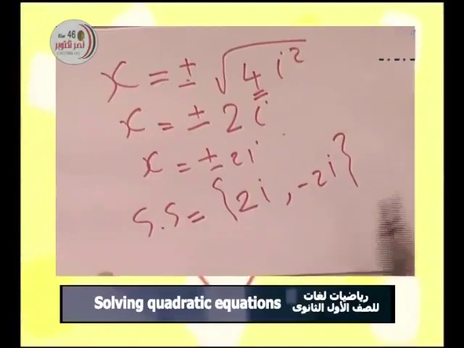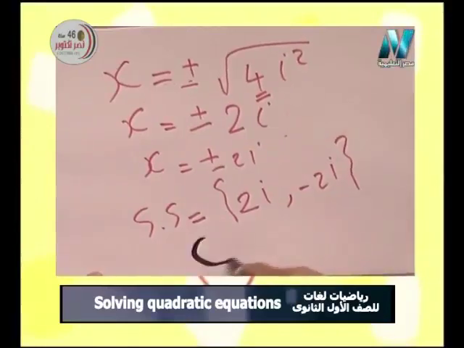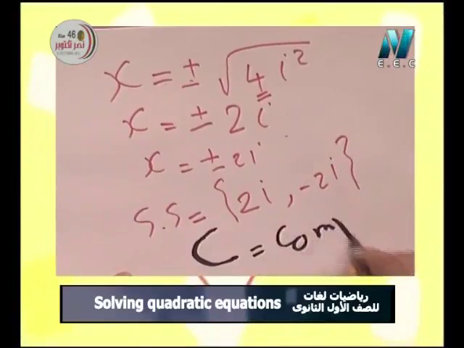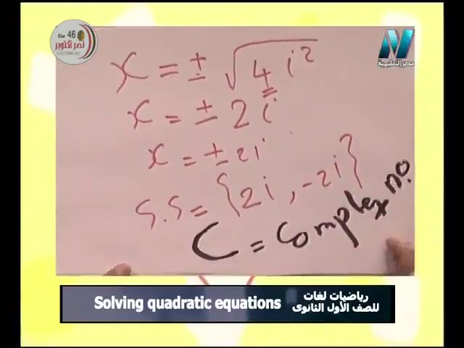We are here in a set of numbers we call C. C means the complex numbers, the set of complex numbers. Let us talk about the set of complex numbers.